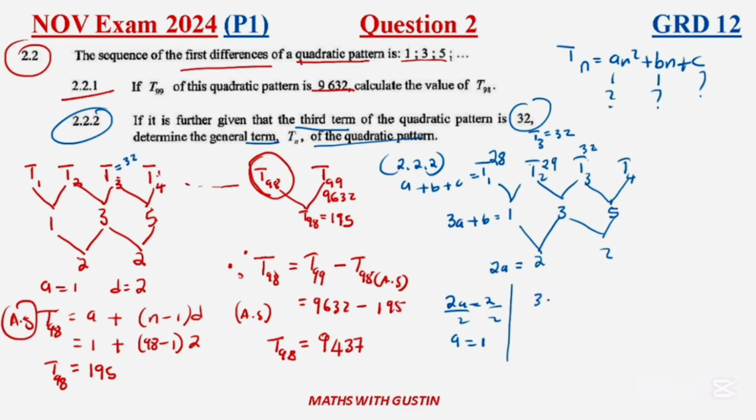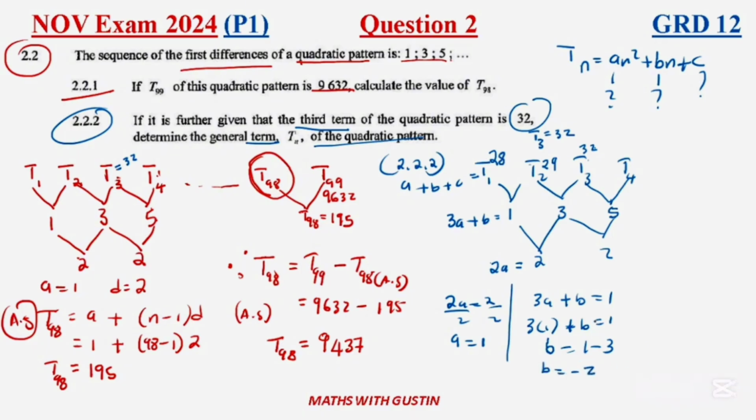Let's continue. 3a plus b is equal to 1. So we know that 3 plus b is equal to 1. Okay, so now with that, take 3 to that side, you're going to have 1 minus 3, which gives us b is equal to minus 2.